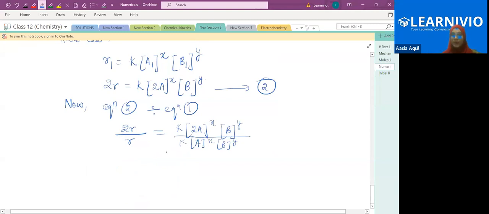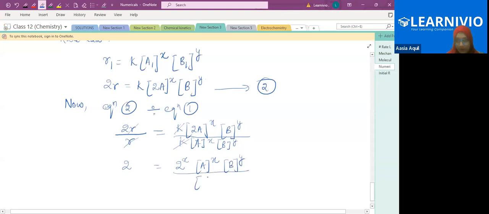So the larger one is 2R, 2R divided by R. Now see, R will cancel out, K will cancel out. From here you can write this as 2 raised to the power x into concentration of A raised to the power x, upon B raised to the power y.